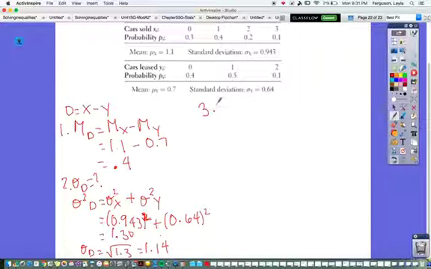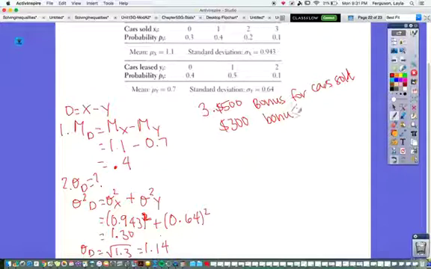All right, for question 3, it wants you to find... It tells you that the dealership's manager receives a $500 bonus for each car sold. And then it tells you that he gets a $300 bonus for cars leased.